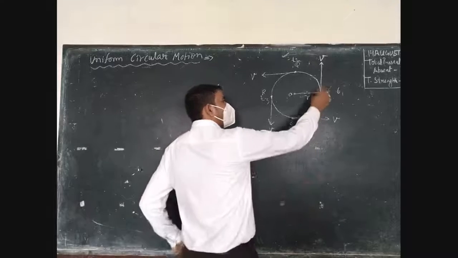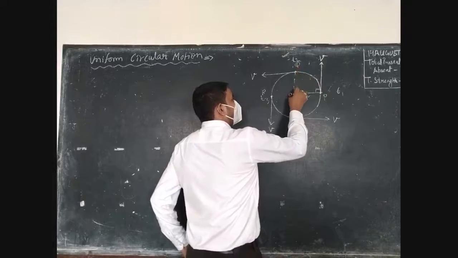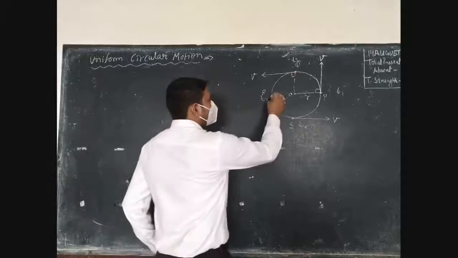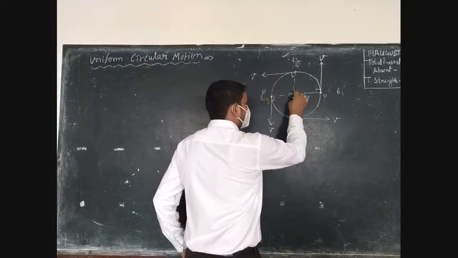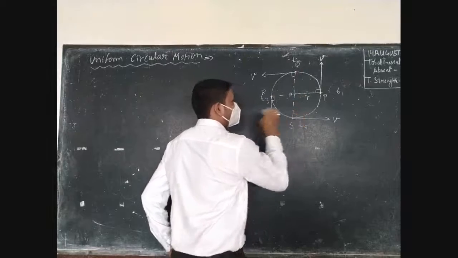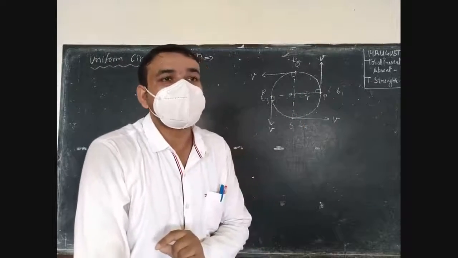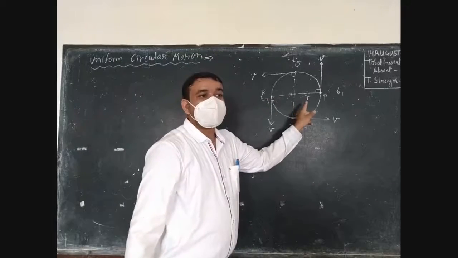It is observed that at every point the radius vector is at 90 degrees to the linear velocity. That means it is an accelerated motion which is always directed to the center.